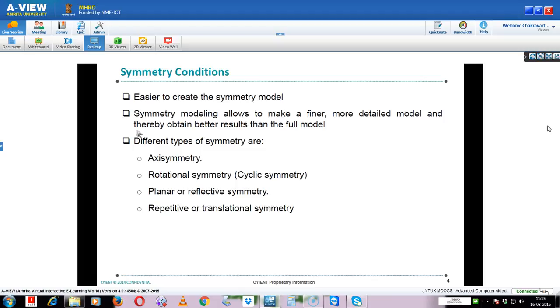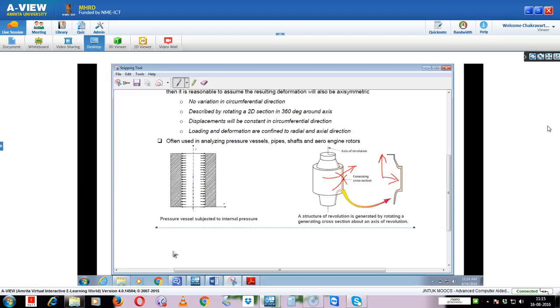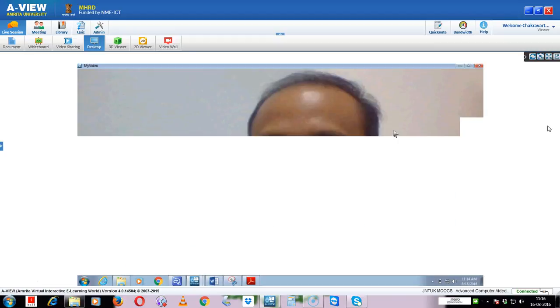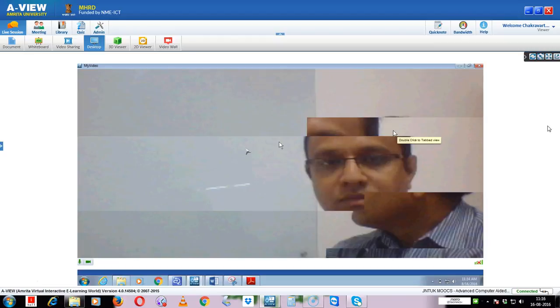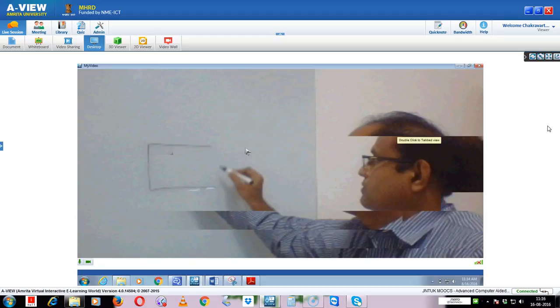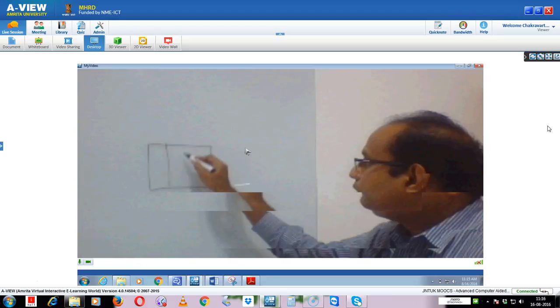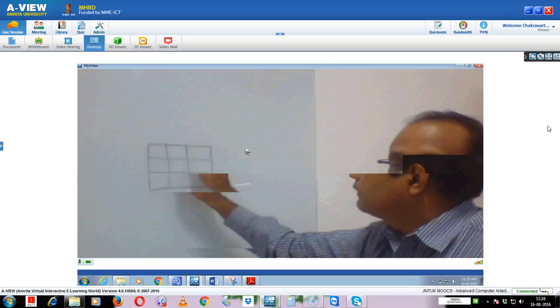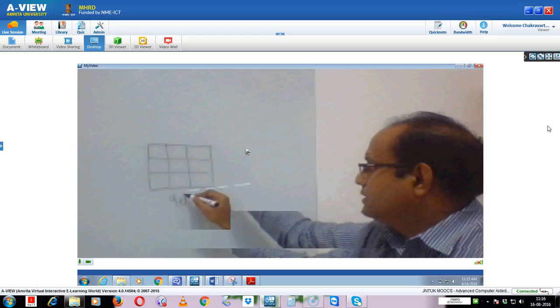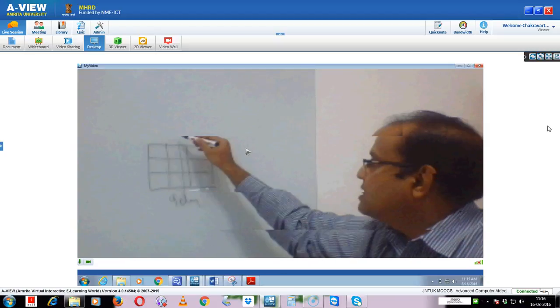if I try to mesh this model with some elements, say 9 elements, and it is unsymmetric about this line.